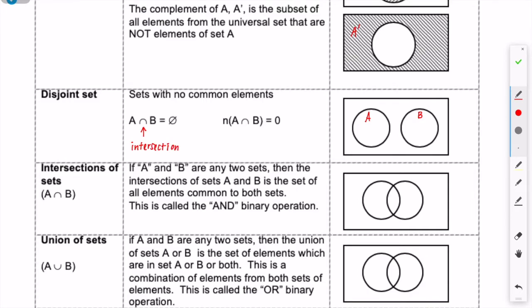And we use the letter N to describe that. We use n of A and B as the notation to describe how many elements are found in A and B, or in the intersection of A and B. So for disjoint sets, of course, there's nothing.